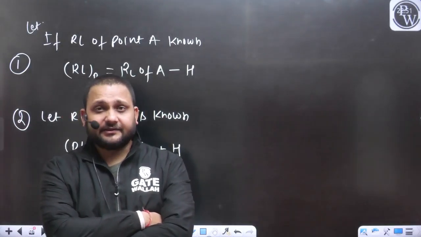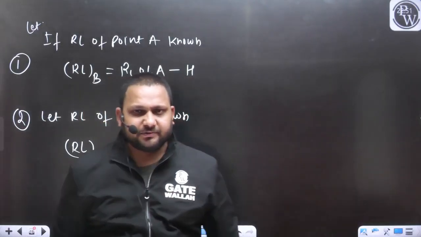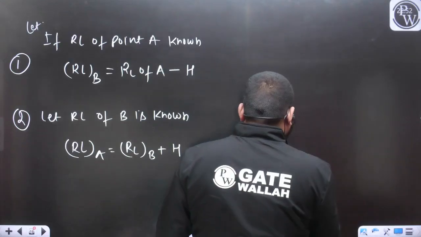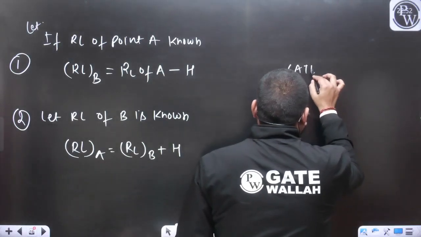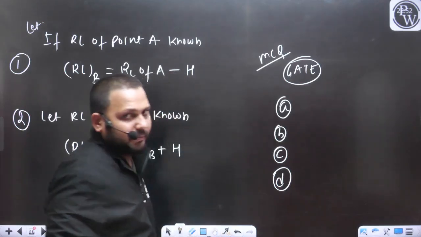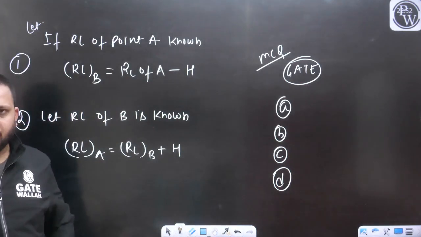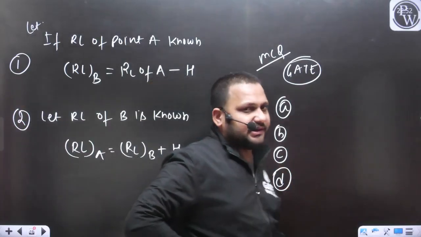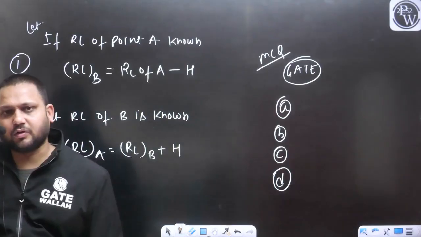So in the GATE exam, what is the problem? In the case of an MCQ, there will be 4 options, A, B, C and D. If I talk about the MCQ, the multiple choice question, obviously only one will be the correct answer, yes or no?